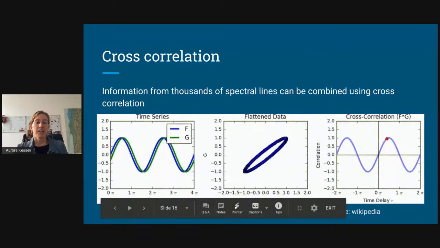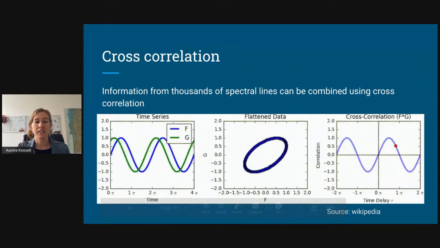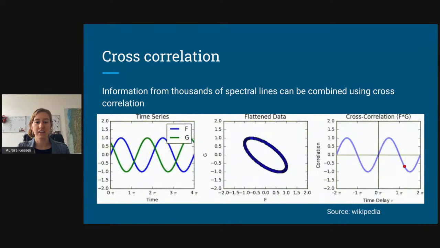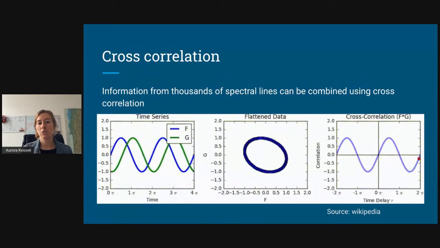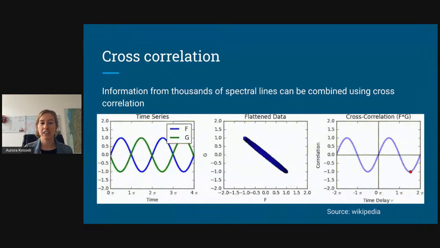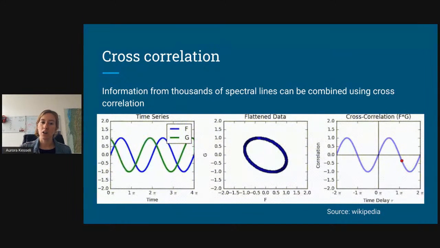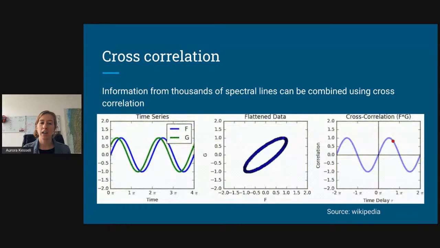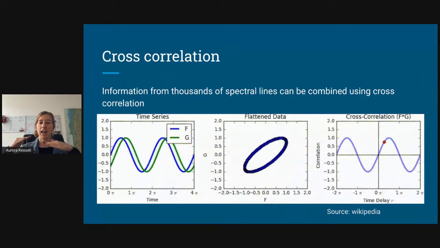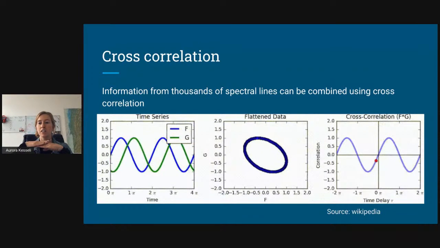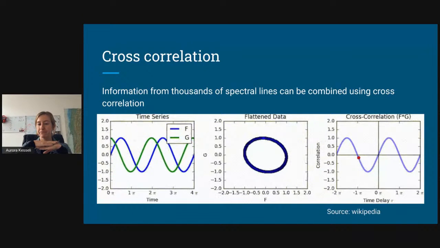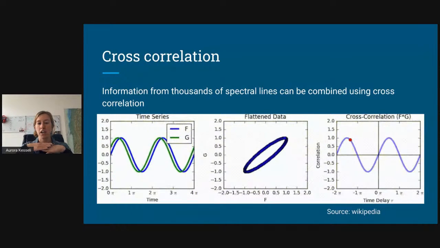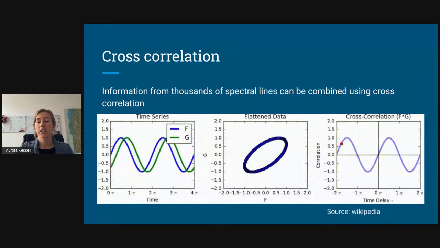Okay, so to combine the measurements from thousands of lines together, we use the cross-correlation technique. All cross-correlation does is, you can think of this as sliding one spectrum across the other spectrum and multiplying it by the other one. Where the two spectra line up perfectly, you get a peak in the cross-correlation function.